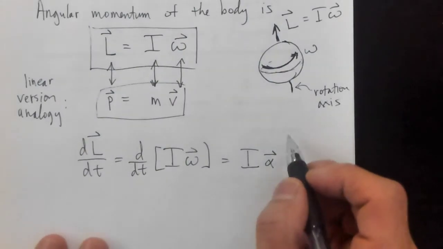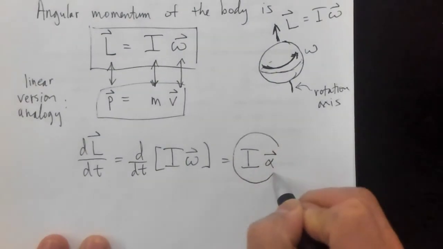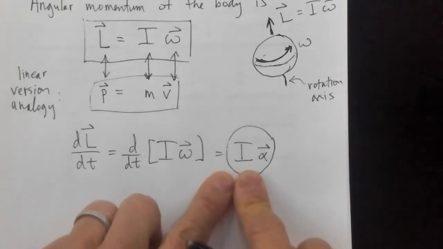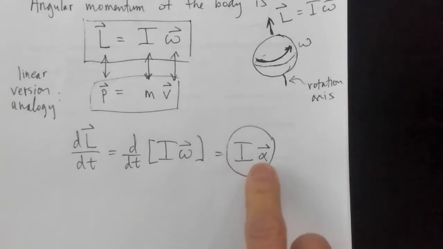Does anybody remember a formula that involves I alpha? It was the rotational analogy to Newton's second law. I goes with M, alpha goes with A, so hopefully that formula is in your head somewhere: MA is equal to F net.